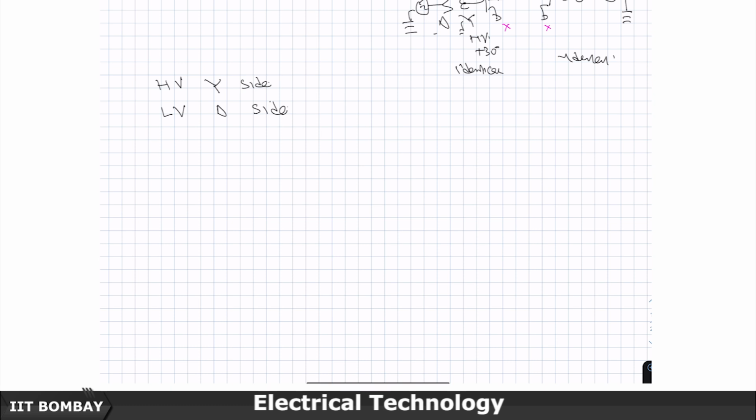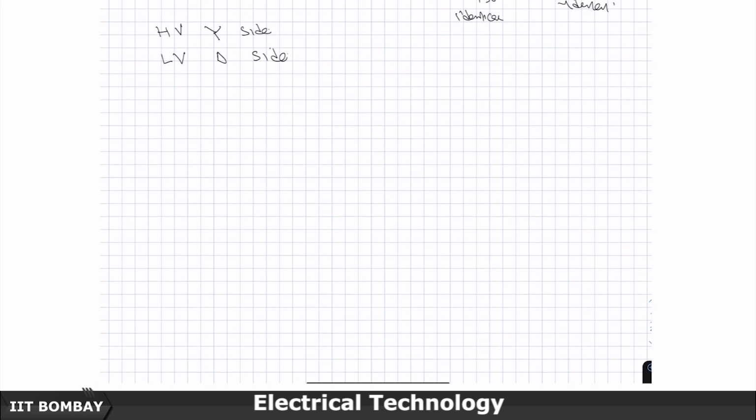Why do I say that this is the natural thing? Because in a balanced system you get the line to line voltage as √3 times the phase to neutral value, and we get that advantage if we connect it in star. Therefore, it is better to have the HV side on the star and the LV side on the delta.